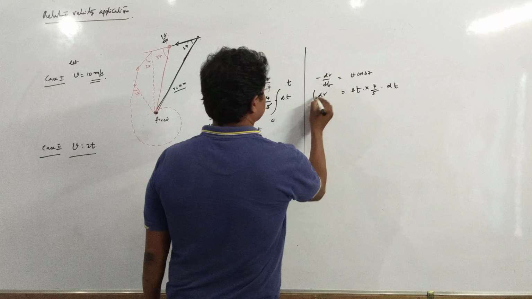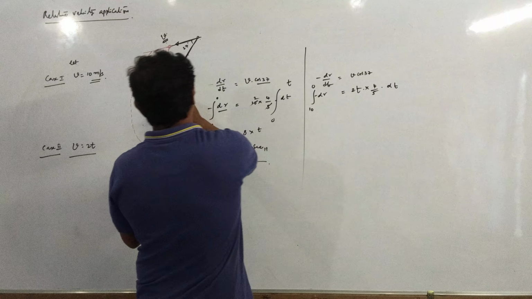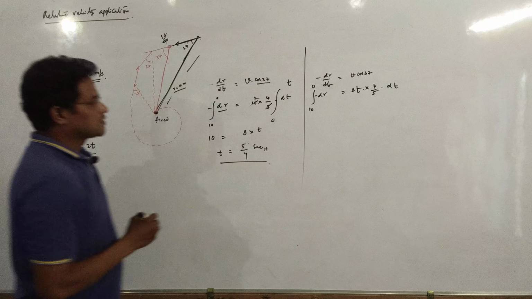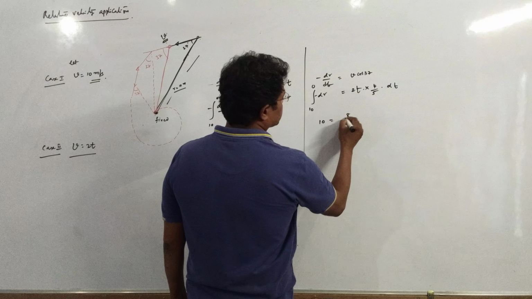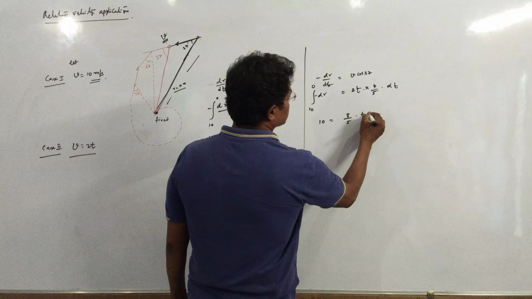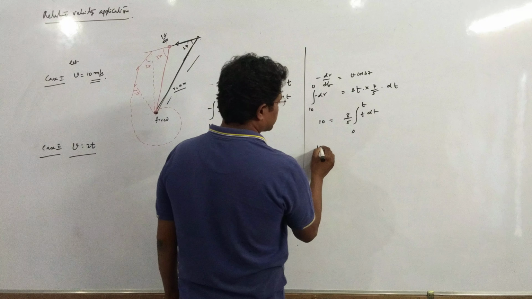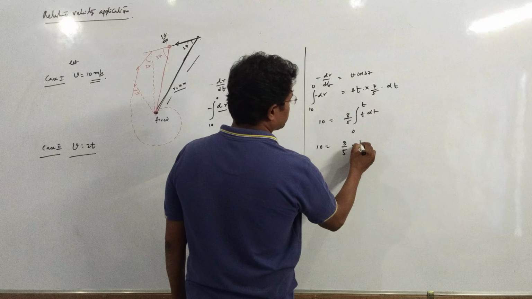This changes from 10 to 0. I already provided that the fixed distance is 10. Now this 10 is equal to 8 by 5 into t dt, integrated from 0 to t time interval. This would be 10 equal to 8 by 5 into t square by 2.